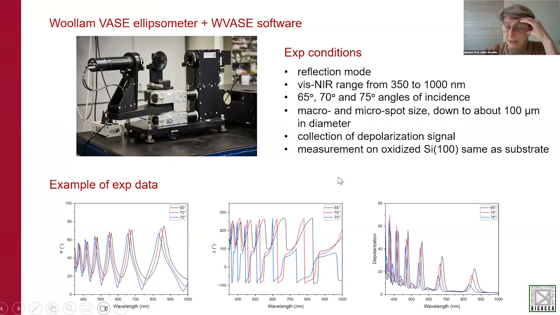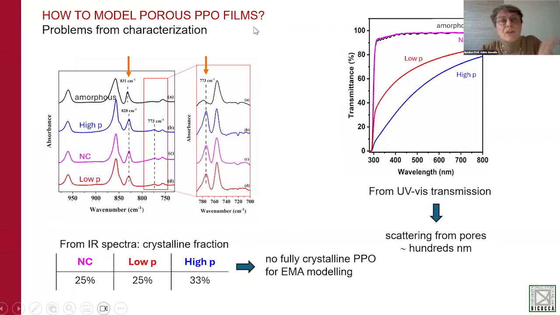These are just the experimental conditions, and now the first problem was how to model such films, which even by eye look like rather complex samples. First, we had to characterize them, and some problems arise actually from characterization.